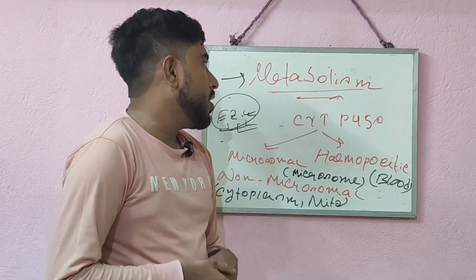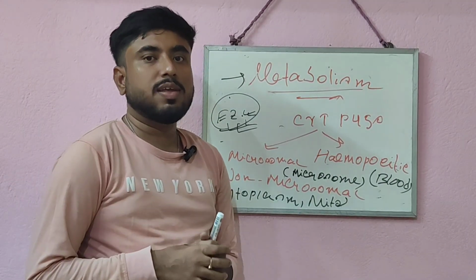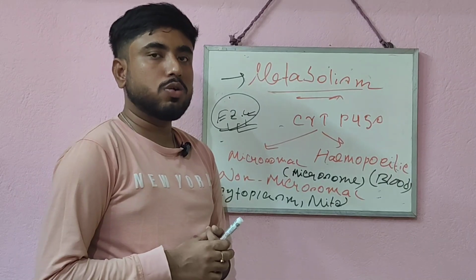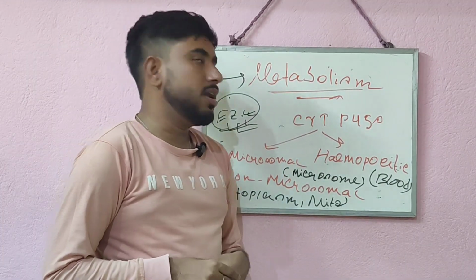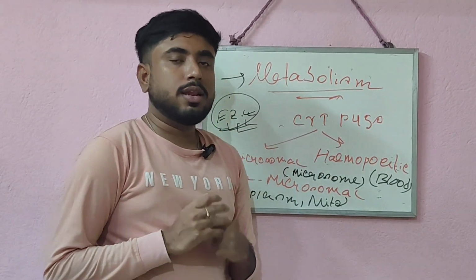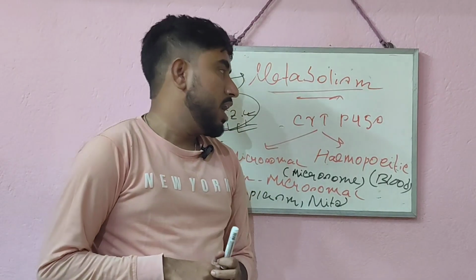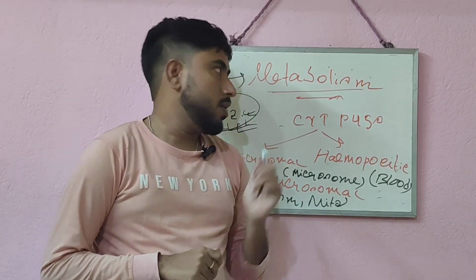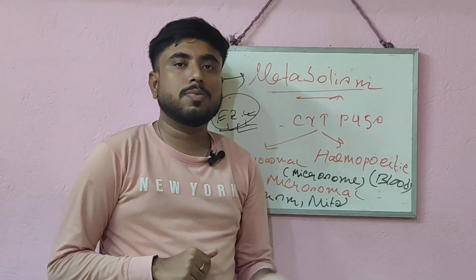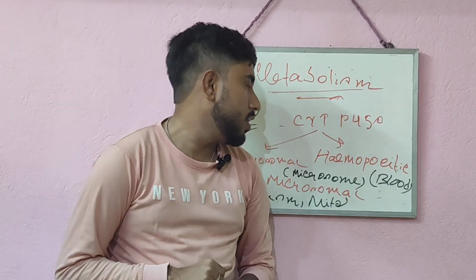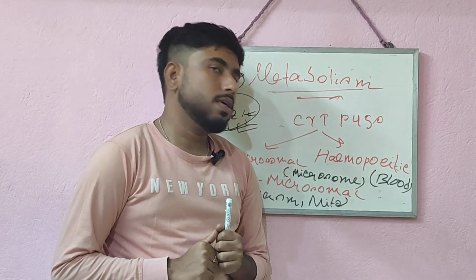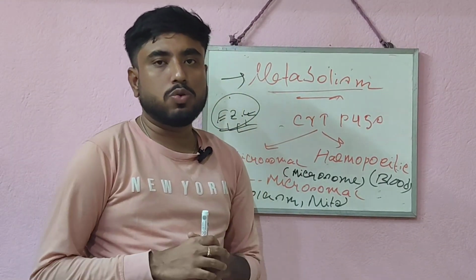Now the next and main part is metabolism phases, different phases, how the drug is going to be metabolized in the liver. Those phases are generally 2 types, phase 1 and phase 2, and they are very important for the metabolism and for the remaining part of the drugs which will be explained later. All those phases are very vast and very important to understand.